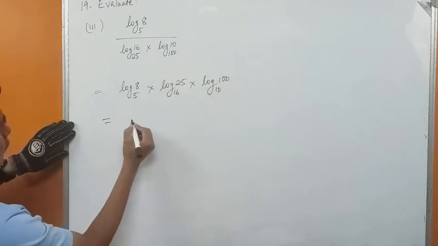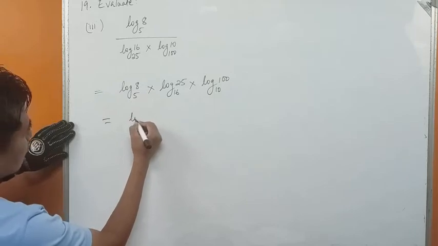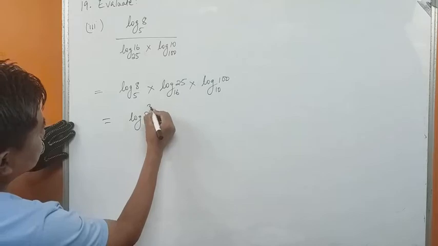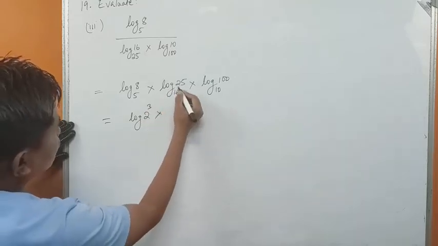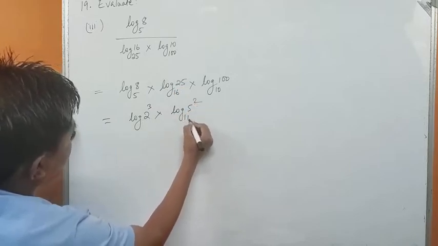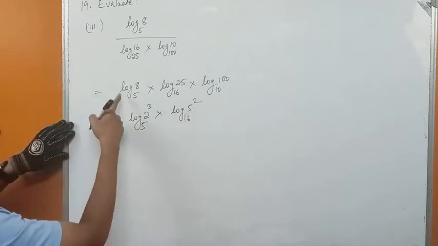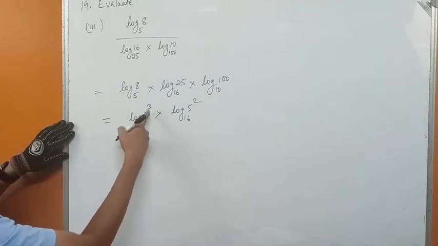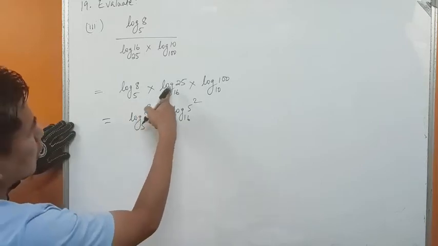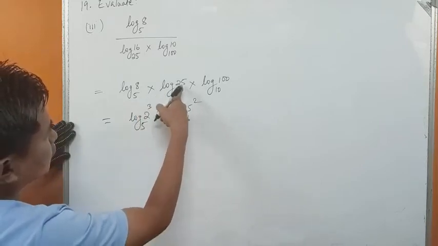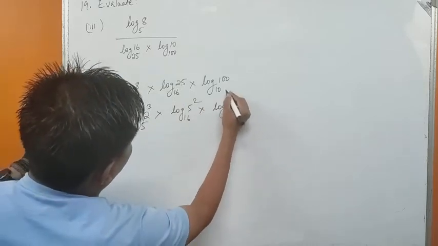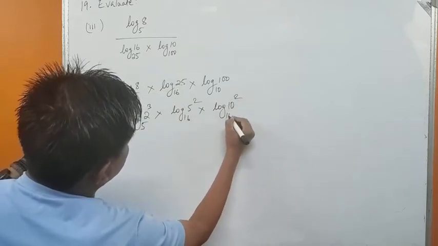Now log 8 means 2 cubed to the base 5, into log 25 means 5 squared to the base 16, into log 100 means 10 squared to the base 10.